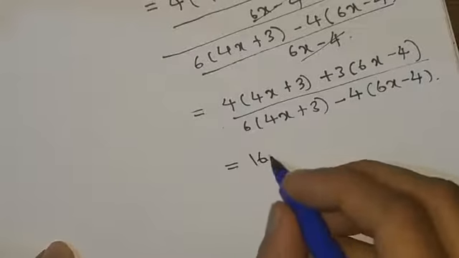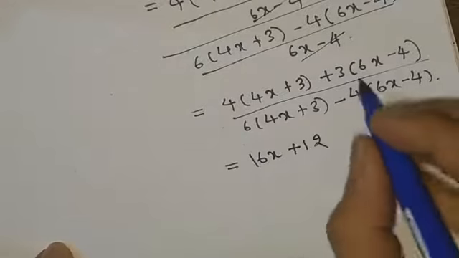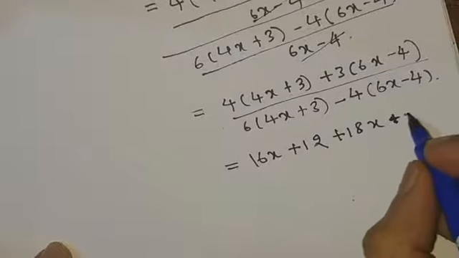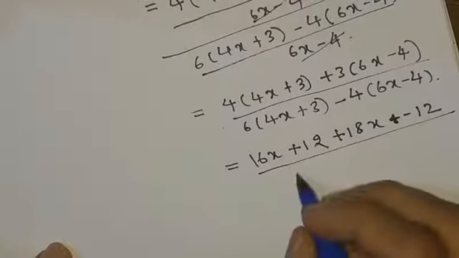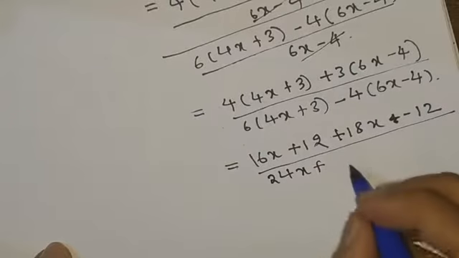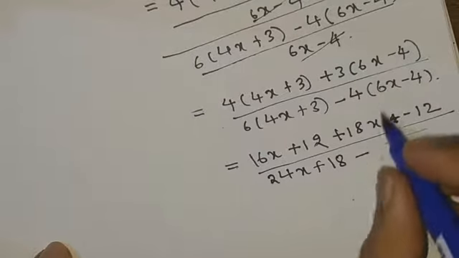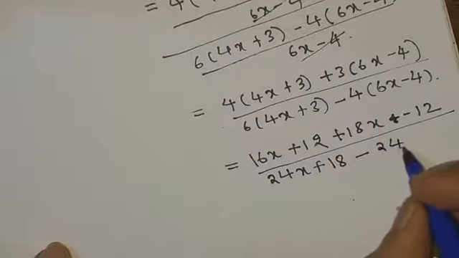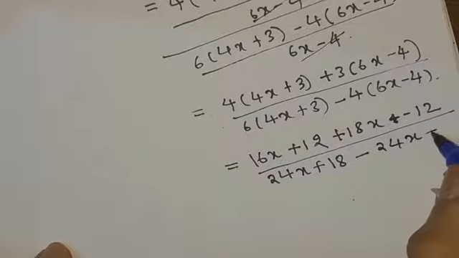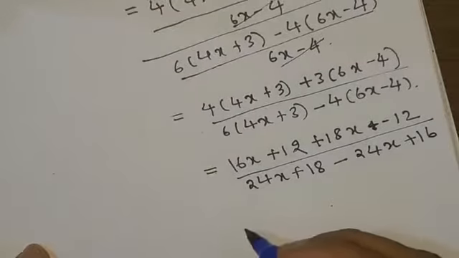Okay. So just you have to open the bracket and simplify this. What you will get is 16x plus 12 plus 18x minus 12 divided by 6 multiplied by 4 is 24x, plus 6 multiplied by 3 is 18, minus 4 multiplied by 6 is 24x and minus 4 multiplied by minus 4 is plus 16. Okay.